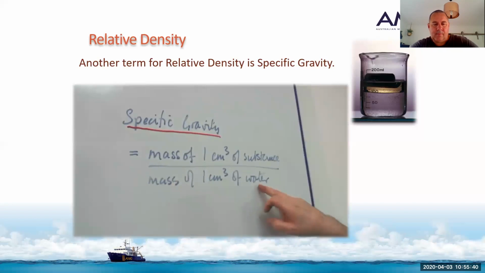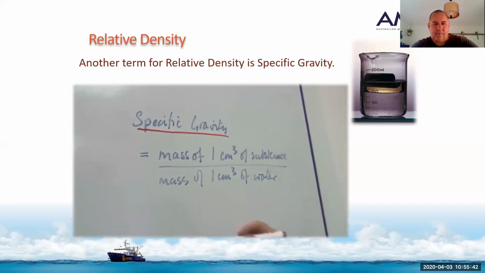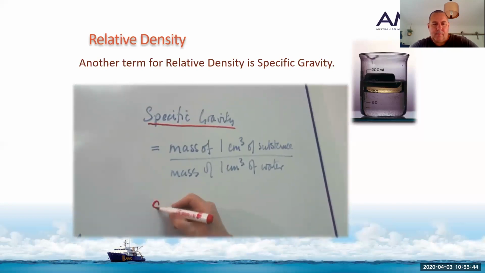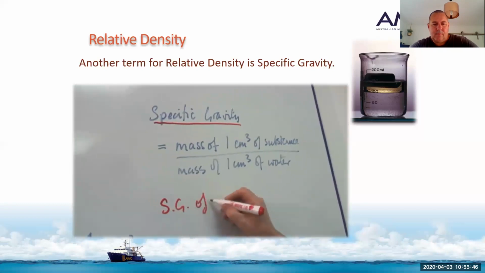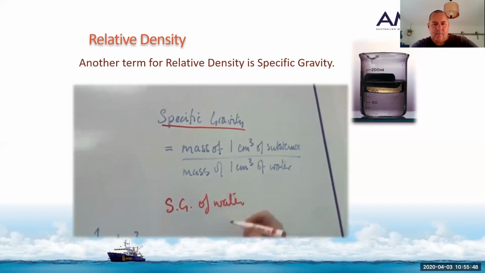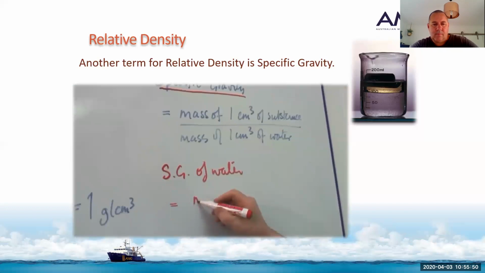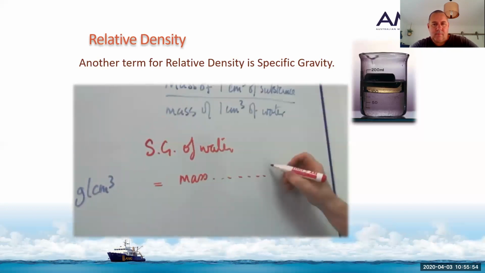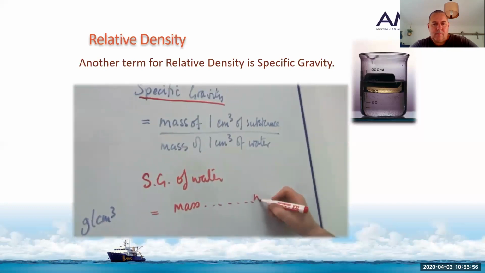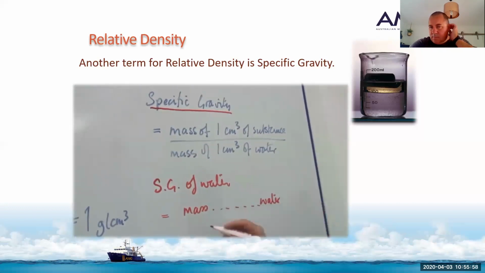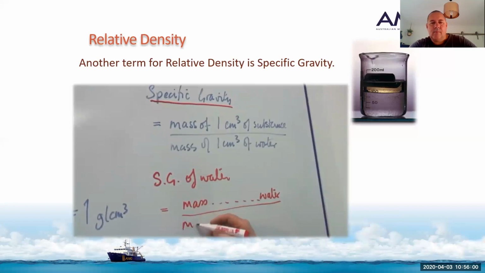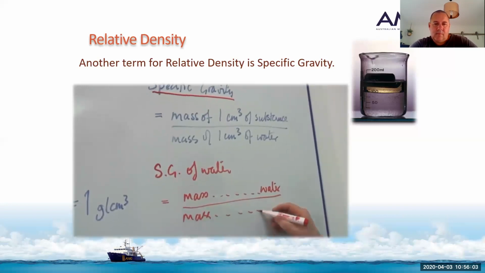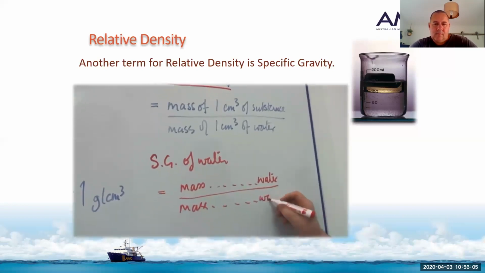So the specific gravity of water is the mass of 1 centimetre cubed of water divided by the mass of 1 centimetre cubed of water.